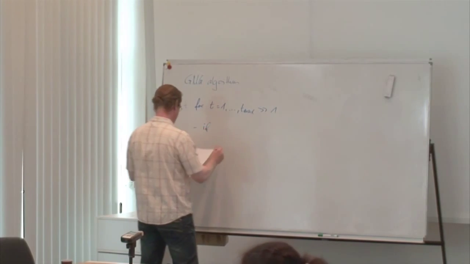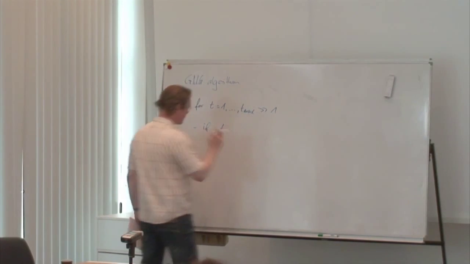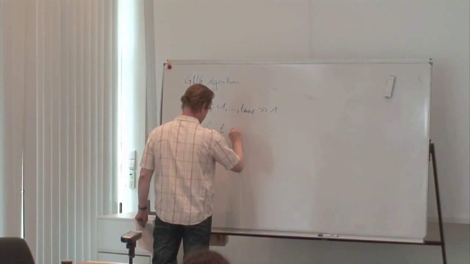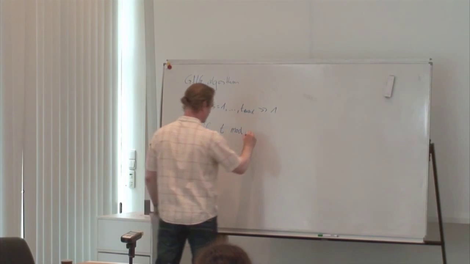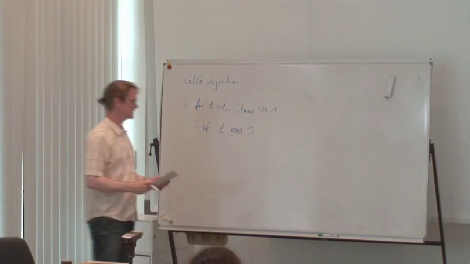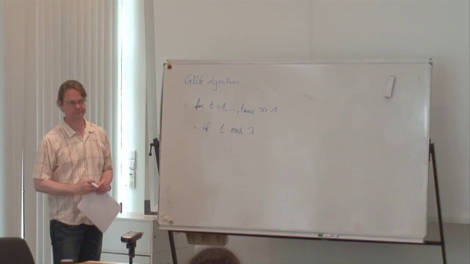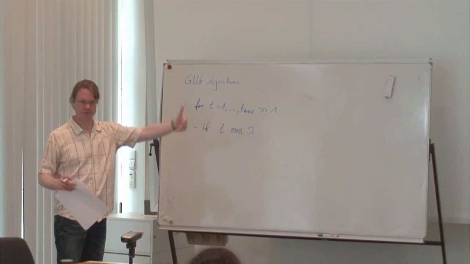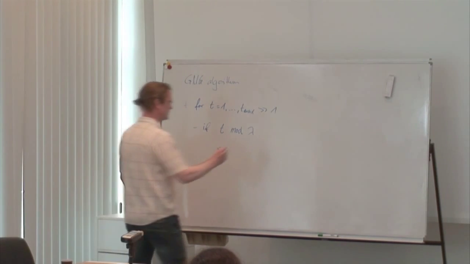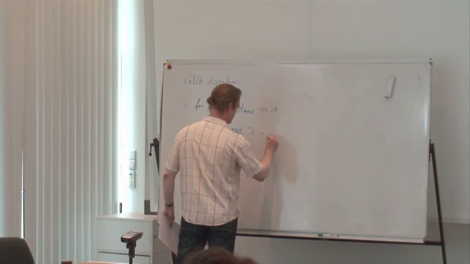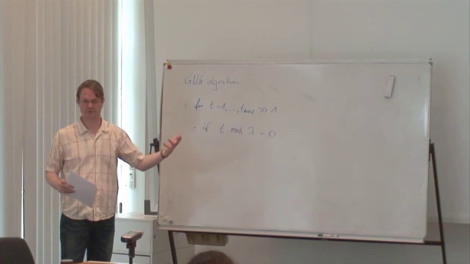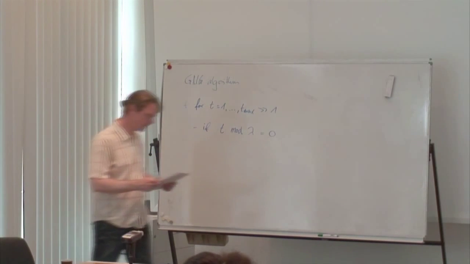So if we are in an iteration that is a multiple of some constant lambda. Lambda could be 100. So in the 100th iteration, t mod lambda would be 0. In the 200th iteration, that would be the case, right?